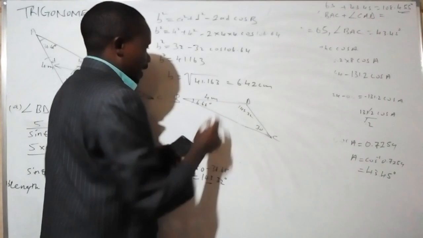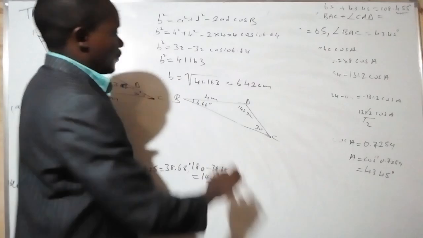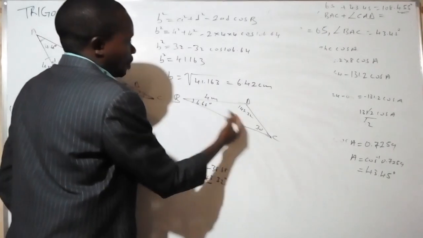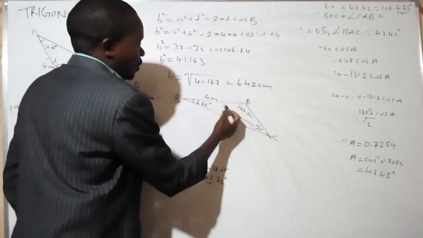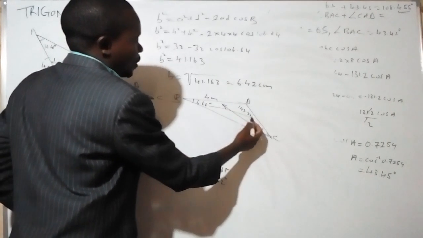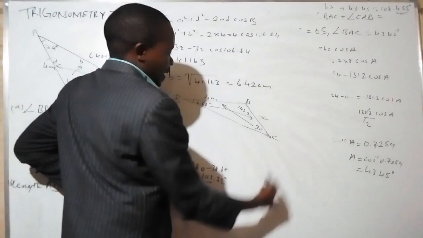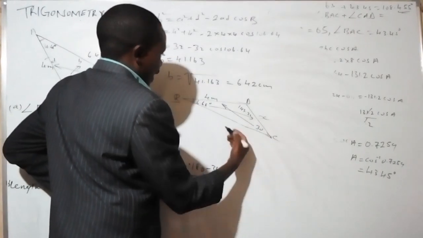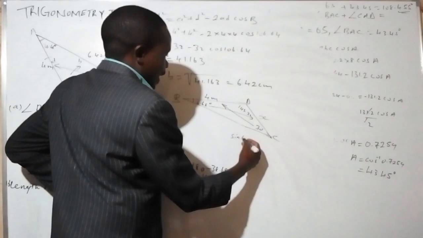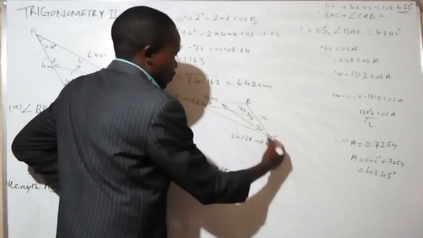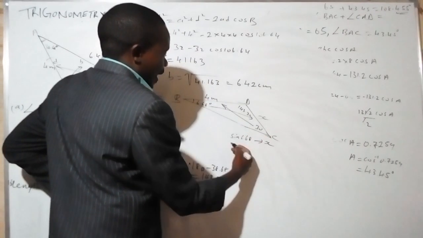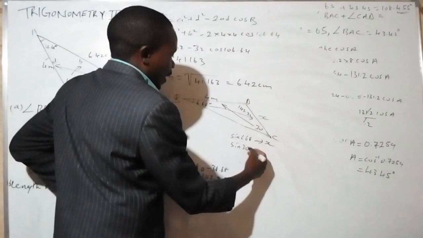They want us to compute DC. This goes with that side and this goes with DC. You can say that our DC is X, and say that sine 6.68, we are using the sine rule, goes with X. Then sine 30 degrees, this 30 goes with 4.